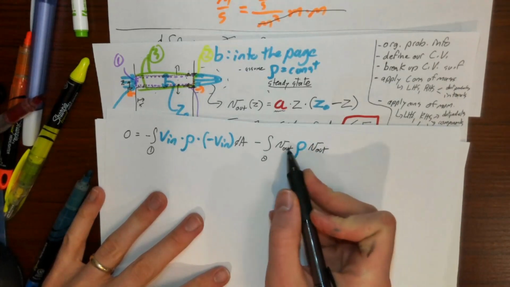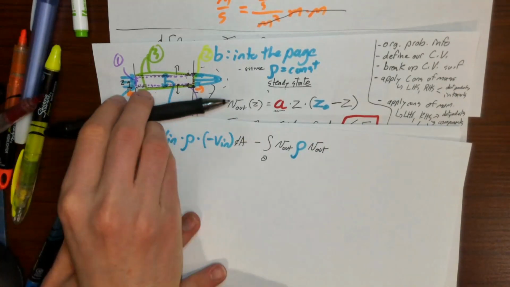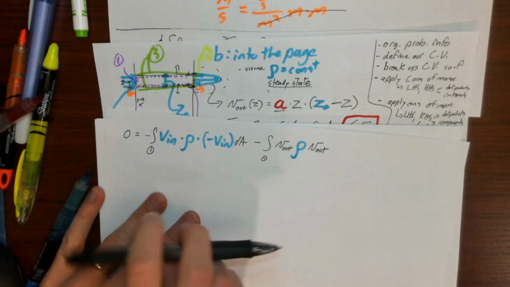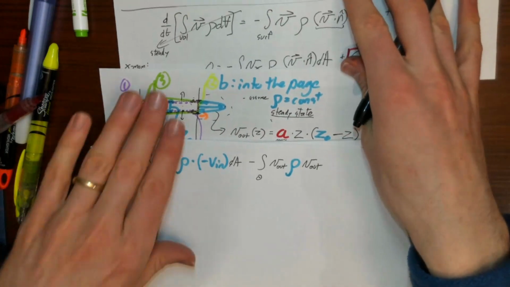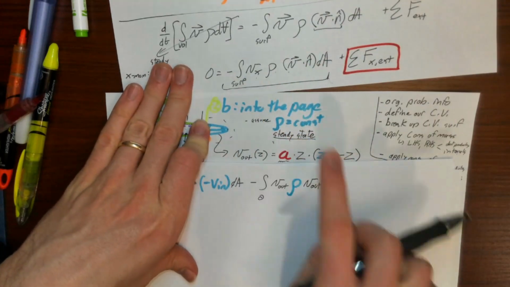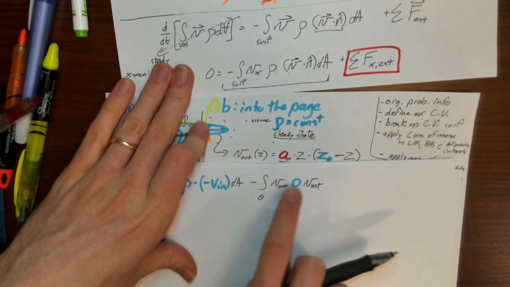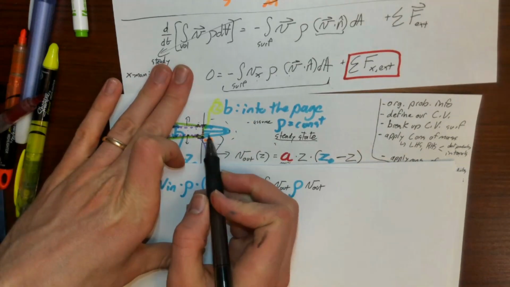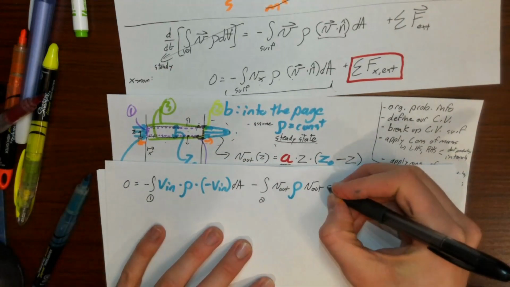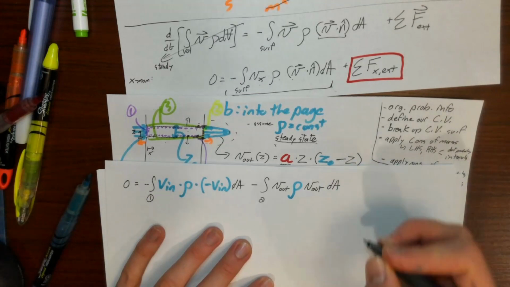So we get two V outs. They're both positive. One because V out is in the positive x direction for our Vx in this equation. And then another positive V out because V and n are in the same direction for the outlet right here. And then we get dA.